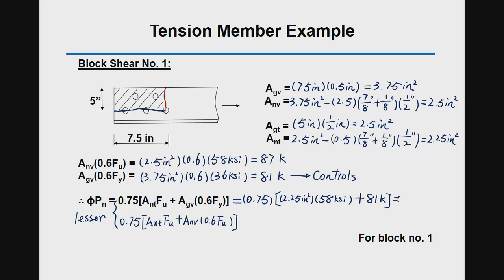And then we get the VPN is 159 kips. Okay, so that's the VPN based on the block shear failure like this.